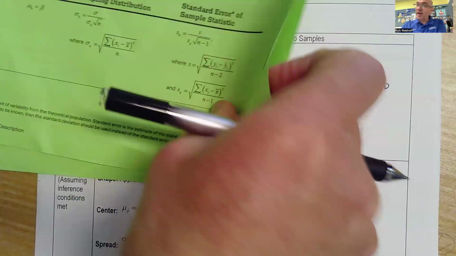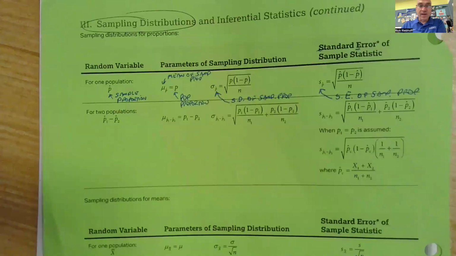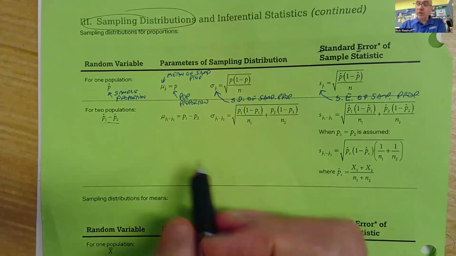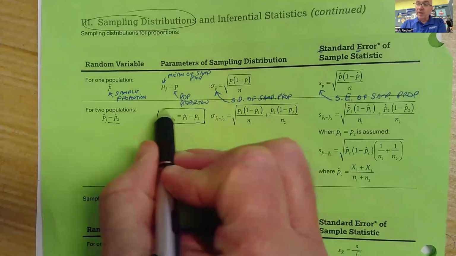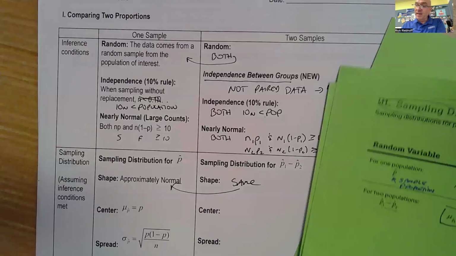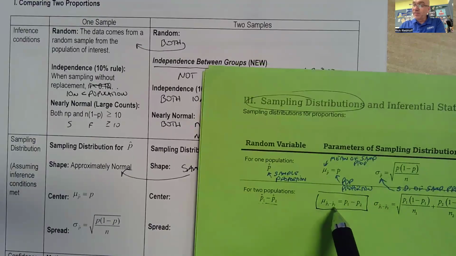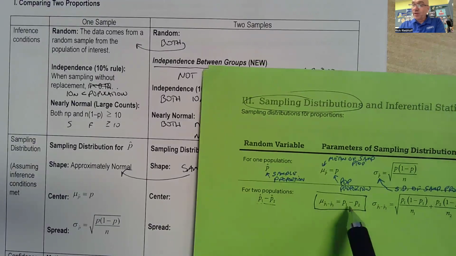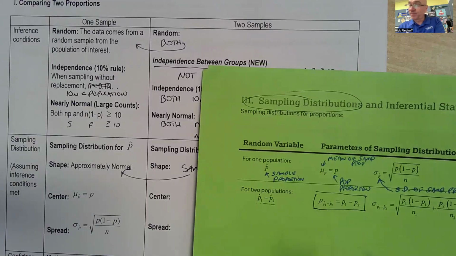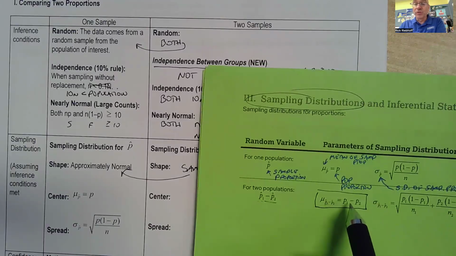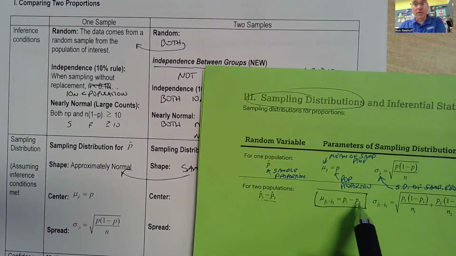So let's find two proportions. Do you see it? Yeah, it's right here. For two population proportions, we're looking for the parameters. The mean, the center of the distribution, is right here. The sampling distribution of the difference between the two sample proportions should be equal to the true difference of proportions.